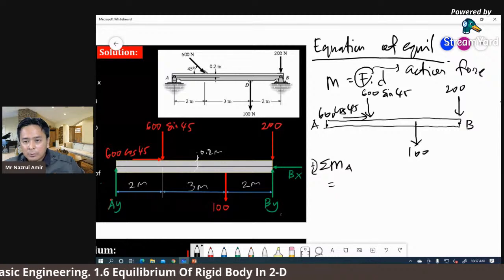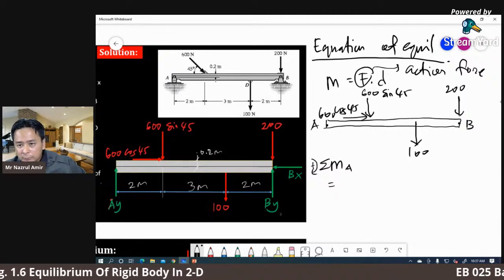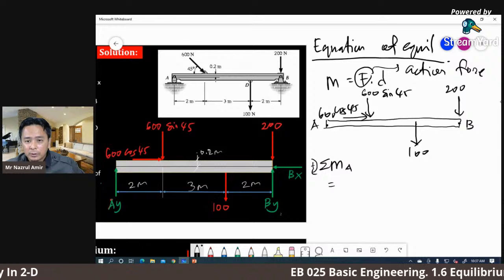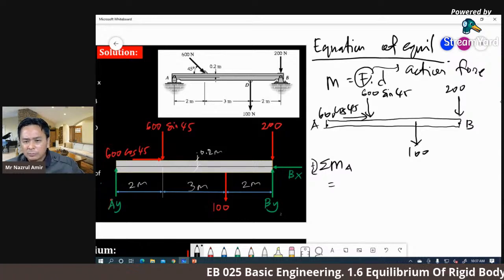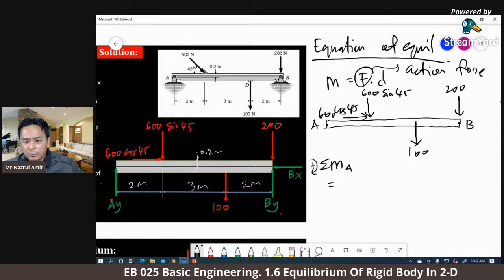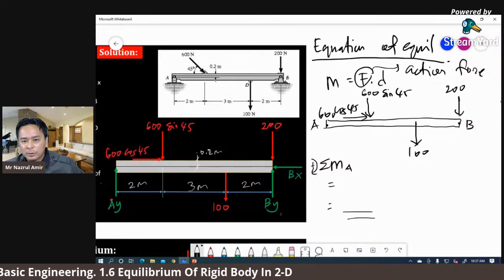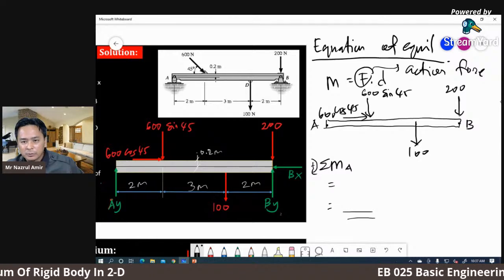All the forces can produce moment at point A. So we can get the summation of the moment at point A. We can get the value of moment at point A by considering all the action forces here.